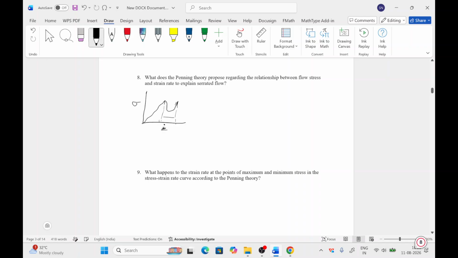Let's say dynamic strain aging appears in this range of strain rate, and before this and after this strain rate there is no DSA.